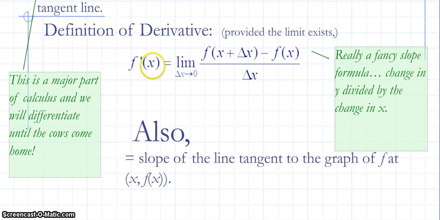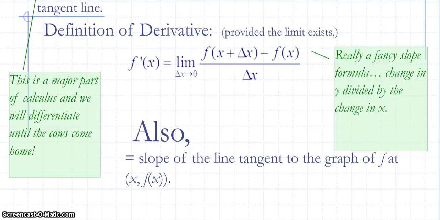So f prime of x, that denotes the first derivative of f of x, is the limit as delta x goes to 0 of f of x plus delta x minus f of x over delta x. Really, it's just a fancy formula for the slope. That's all we're finding, the slope of a tangent line to a function at a point.